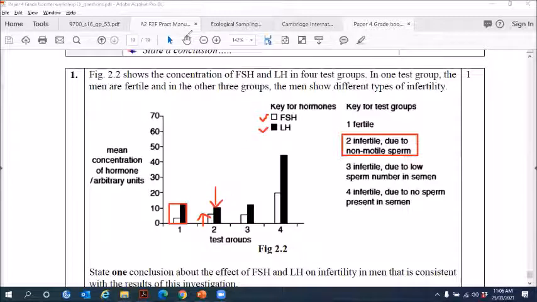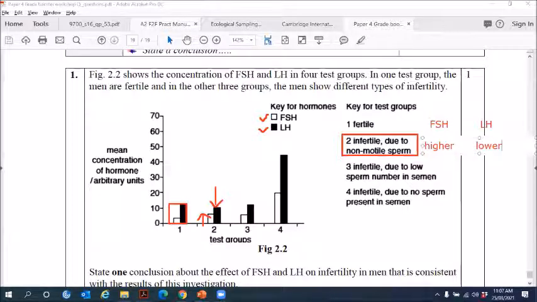So this is FSH and this is LH. When the FSH is higher and the LH is lower than the normal level, then it will lead to group 2.